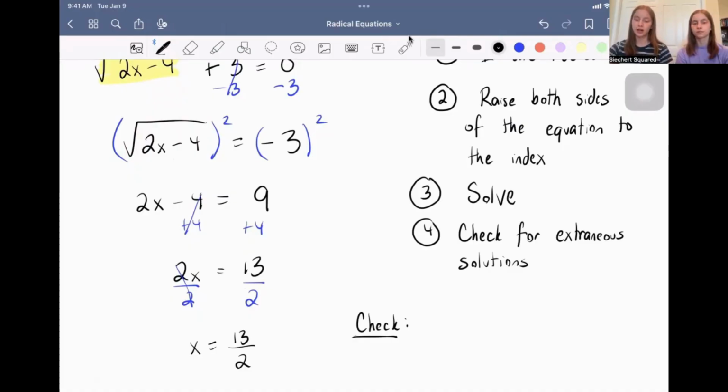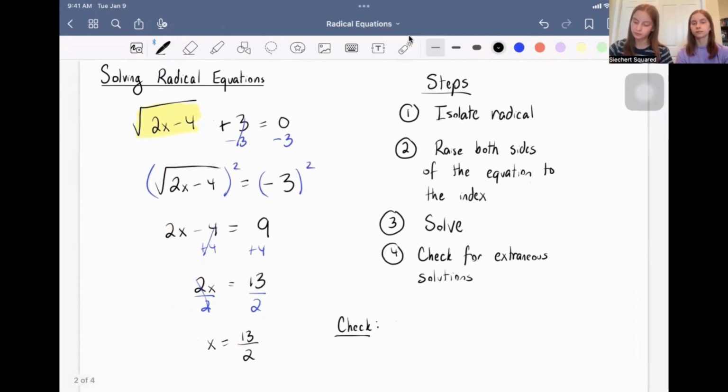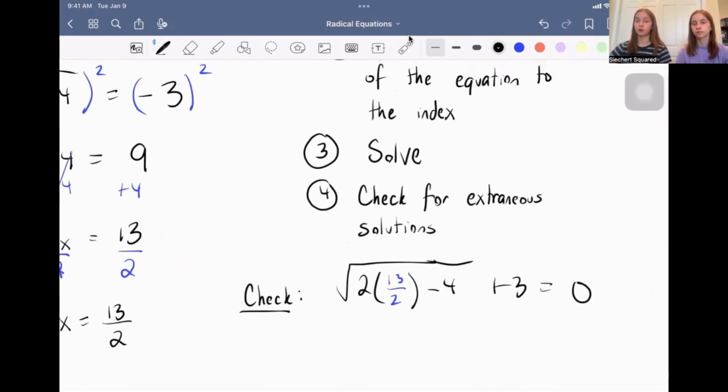So I'm going to take my solution, plug it back in, and make sure that it works. So I have 2 times our answer, 13 over 2, minus 4 plus 3 equals 0. And we want to see if this is going to work.